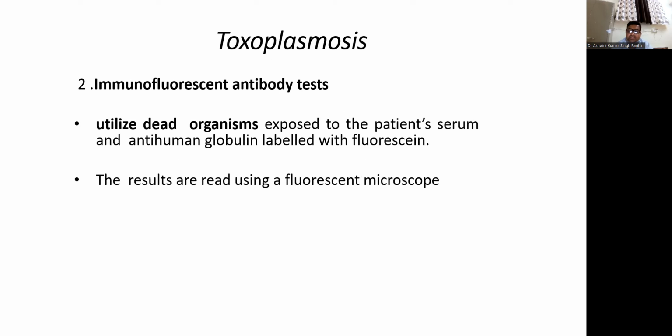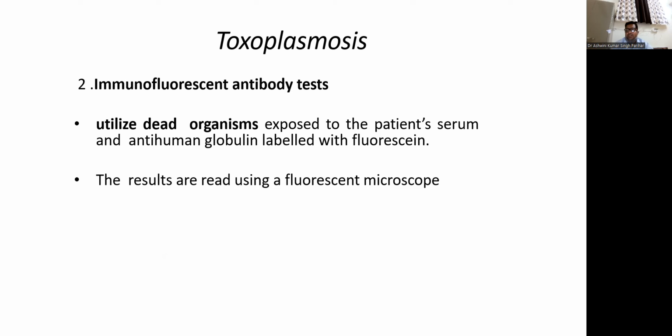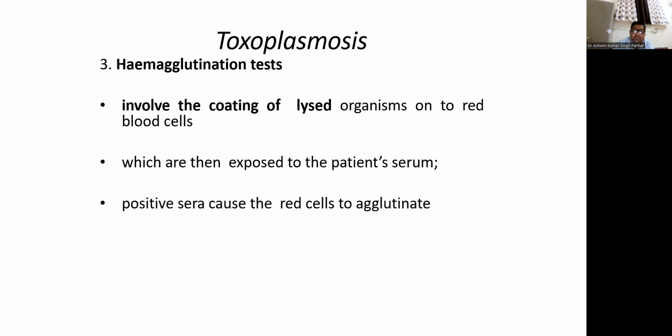So remember all three tests. First is the Sabin-Feldman test, where live organisms are used with anti-toxoplasma antibody, and the methylene blue dye test becomes negative. It's the gold standard. Second, the immunofluorescent antibody test, where dead organisms are mixed with anti-human globulin and assessed in the fluorescent microscope, showing fluorescence.